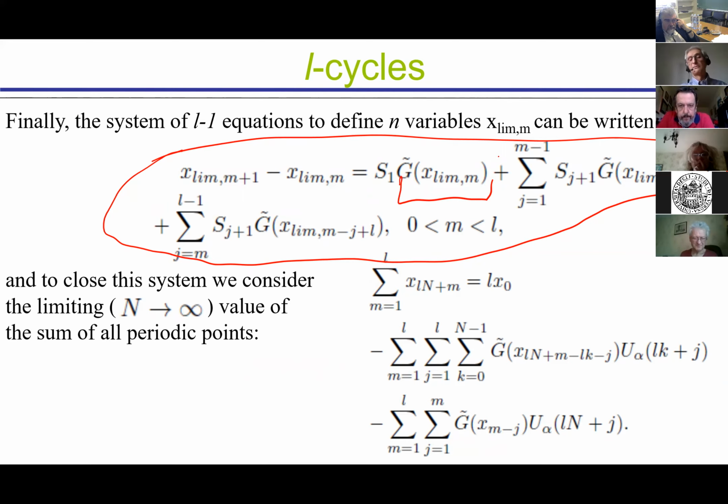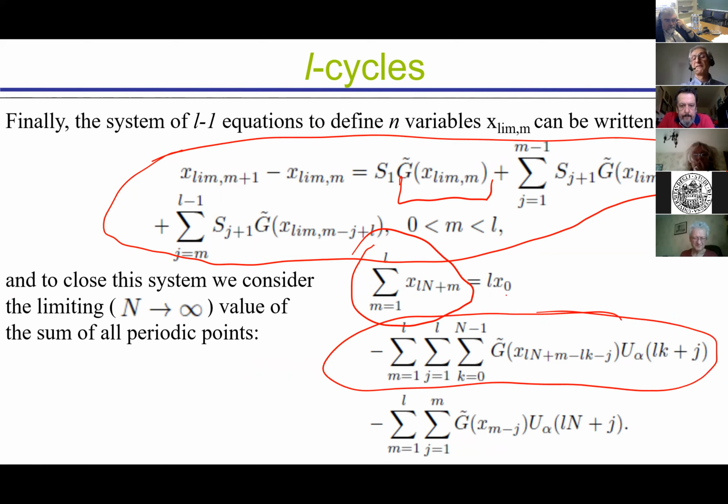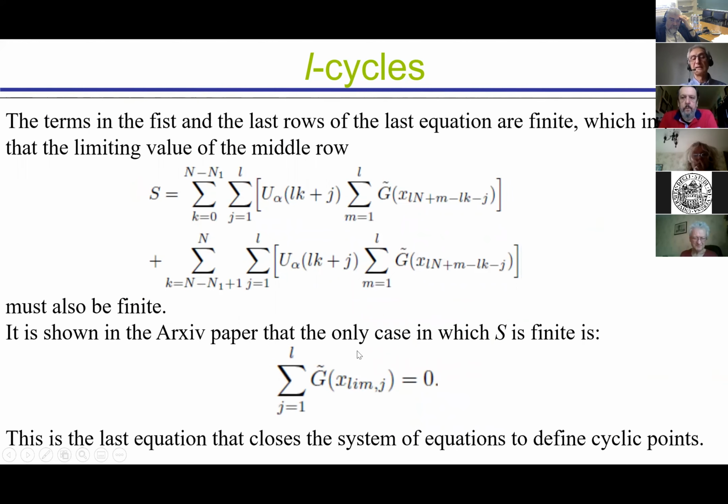Now, to close the system, we consider also the total of all periodic points. Here, all terms except for this one are finite. And here we will use this second theorem, which requires that the total of all G must be equal to 0.